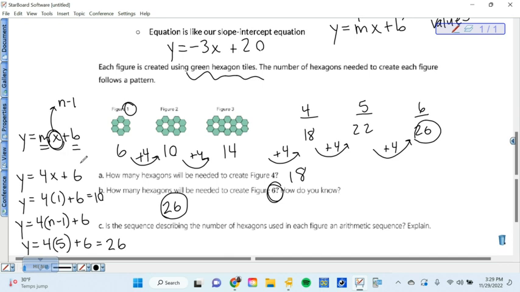Cool. So is this sequence of the hexagons an arithmetic sequence? Yeah, why? It's not constant. If it was constant, it would be 6 every single time. Why is it an arithmetic sequence?